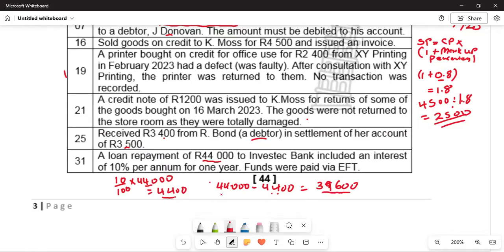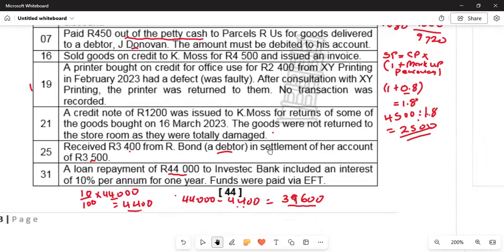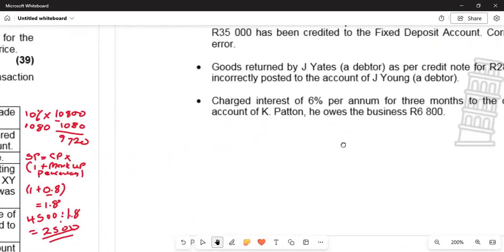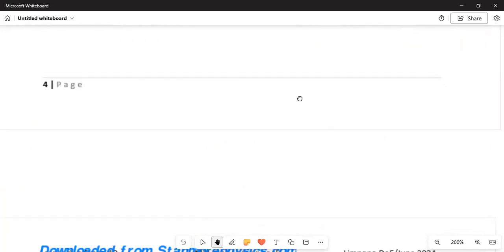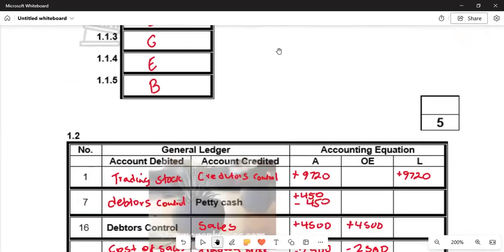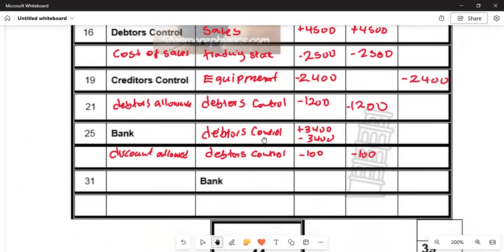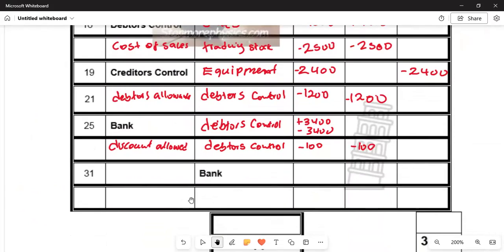So now let's see how we are going to record it in our answer book. So here we are in our answer book. We are going to have loan debited, and then we are going to pay the loan through what? Through bank, through cash.